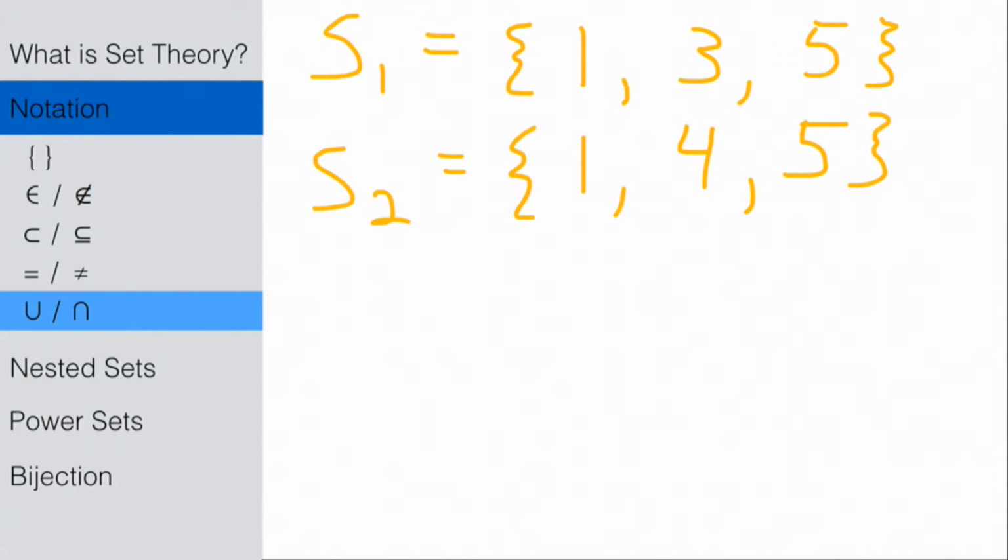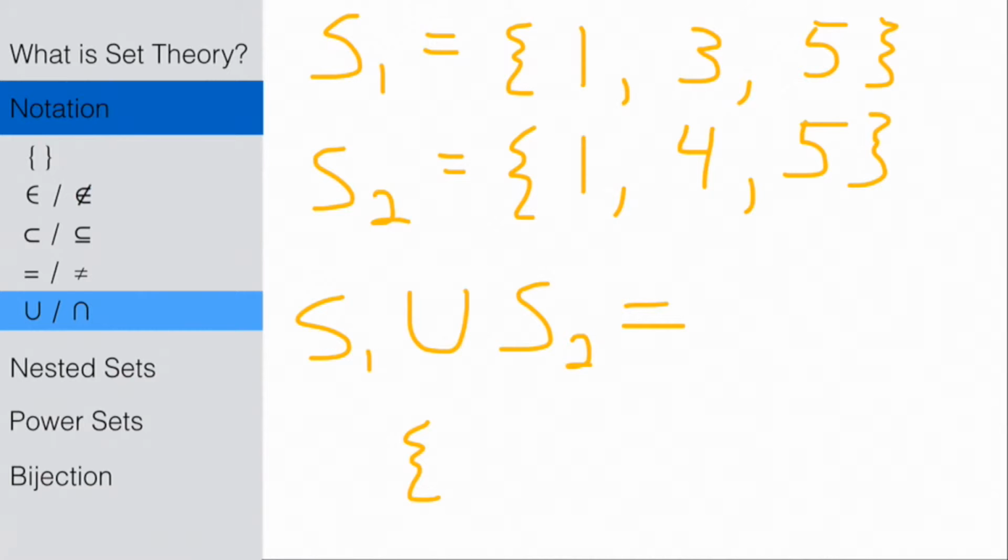And finally, we're going to look at a symbol which is not a comparative symbol like we've been looking at, but will actually yield a new set, and those are the union and intersection symbols. So if we have these two sets, S1 and S2, we're going to say that the union, which is represented by a U, which is a good way to remember union, so the union of S1 and S2 is going to be equal to all of the elements in either set.